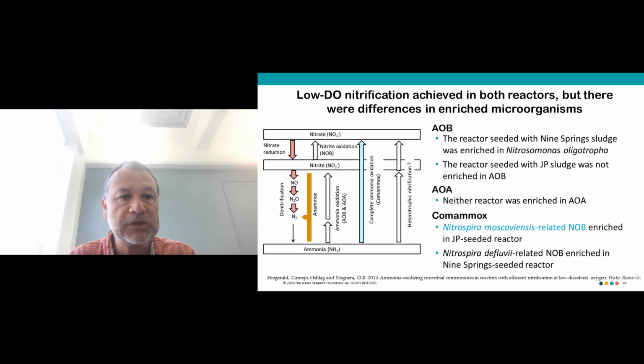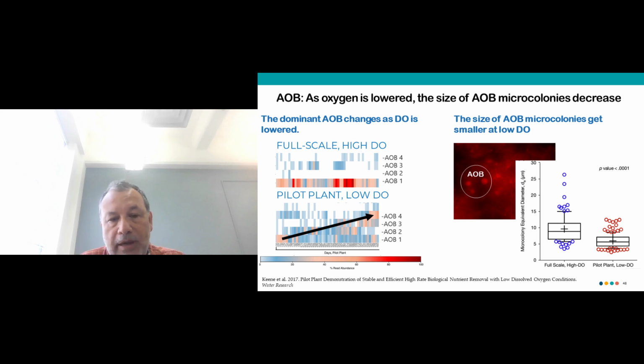We didn't enrich for comammox type organisms at this plant here in Madison when we subjected it to low dissolved oxygen. We have also done pilot scale experiments. This is the work of Natalie Beach, in which we operated pilot plants subject to the variations of temperature that we will experience here in Madison.